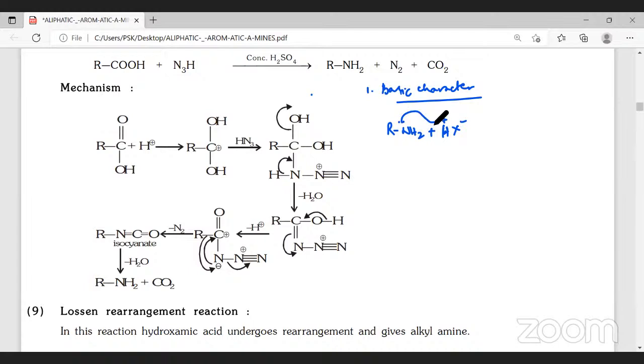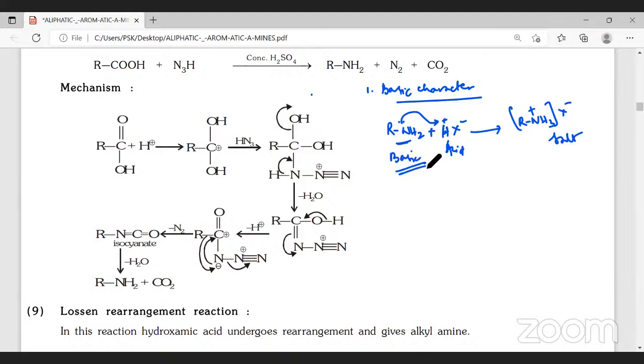Hydrogen will have a positive character and halogen will have a negative character. So a pair of electrons will be donated to hydrogen. Therefore, we get RNH3 plus, and you will get X minus. It is a salt. So now we know that HX is an acid and the product is a salt. It means this should possess basic character.